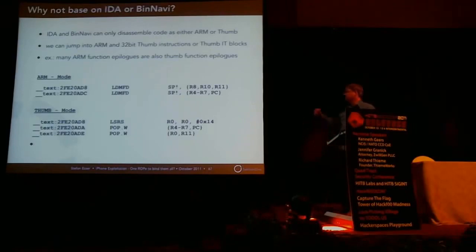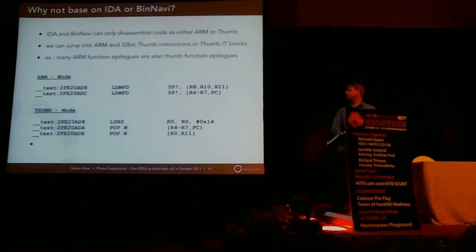And when you just disassemble the same bytes as thumb, you will see it's shifting around the R0 register and then pops some registers, including the program counter. So it's also a return of a function. And all these things will be missed if you use something like IDA or BinNavi as a base.